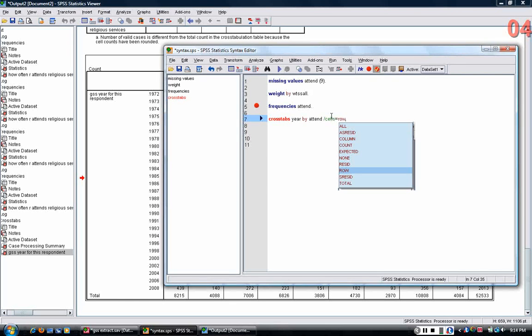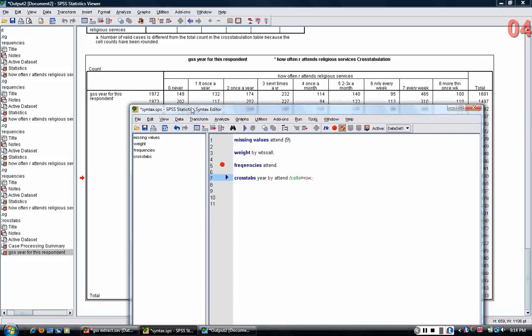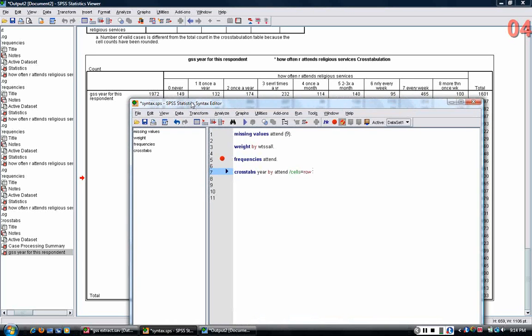Now I can choose to have row percentages or column percentages. There's a really important distinction here we want to keep in mind. Row percentages would calculate the percentage of people within each category of religious service attendance for each year.